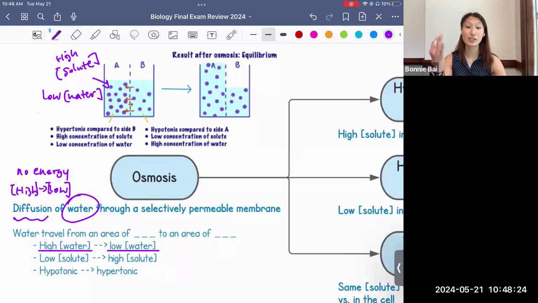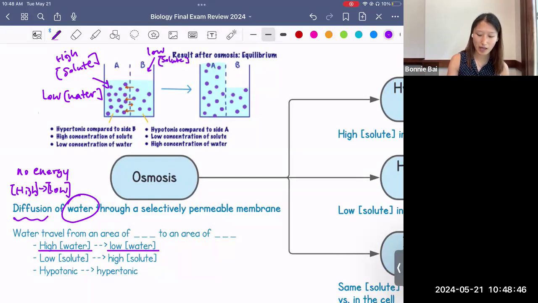The more salt, the saltier the water is, in comparison, the less water you have compared to the other side in terms of concentration. Now, when we're thinking about concentration, it's always a comparison between one side versus another side. So on side B, in comparison, we have a low solute concentration and a high water concentration.